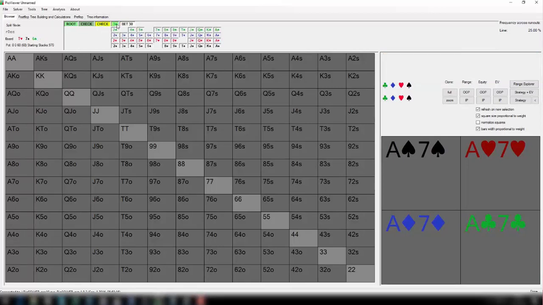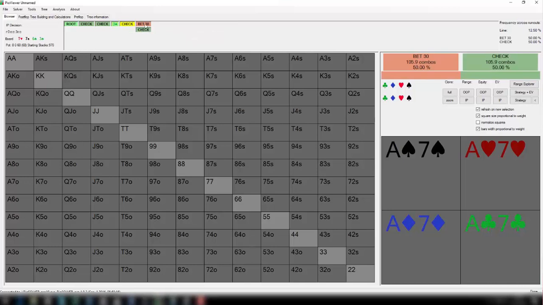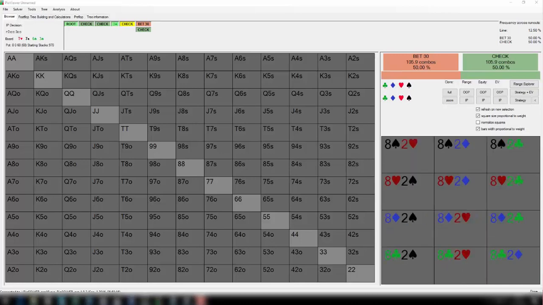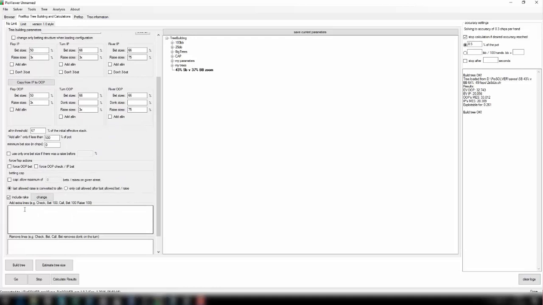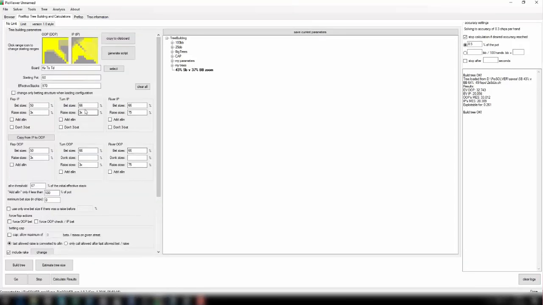And similarly, if out of position checks, in position is going to bet half pot. Whereas if I show you another example where I haven't distinguished between a barrel and, let's call it a stab or a delayed c-bet, here I've deleted the information about whether or not to add or remove extra lines.